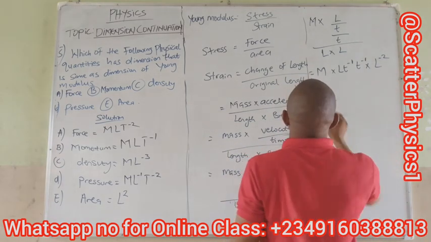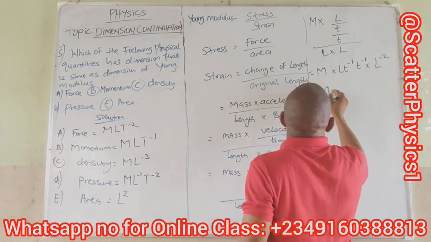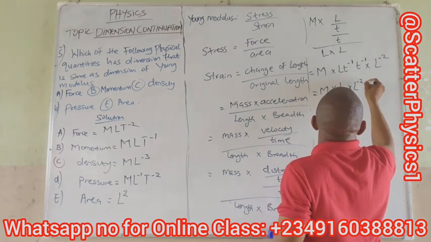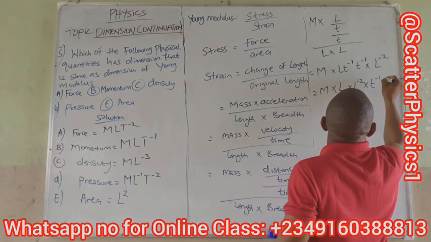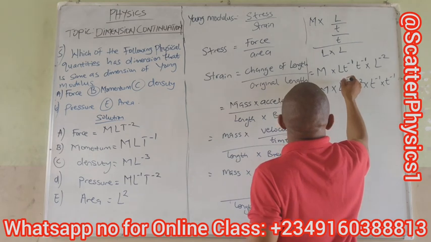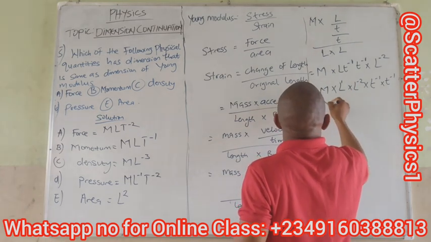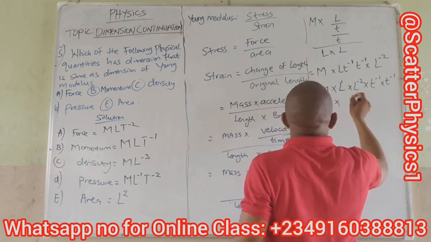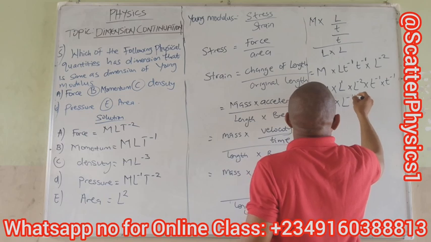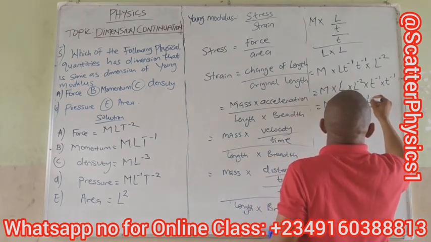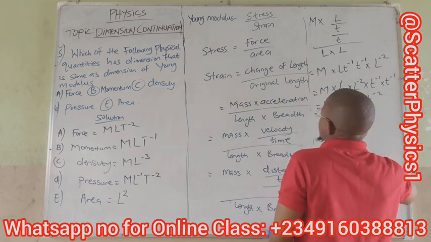Now bringing the like terms together, we have M times L times L minus 2 times T minus 1 times T minus 1. So we have an invisible 1 here. So equals M times L to the power 1 minus 2, which is L minus 1, times T to the power minus 1 minus 1, which gives us T minus 2.